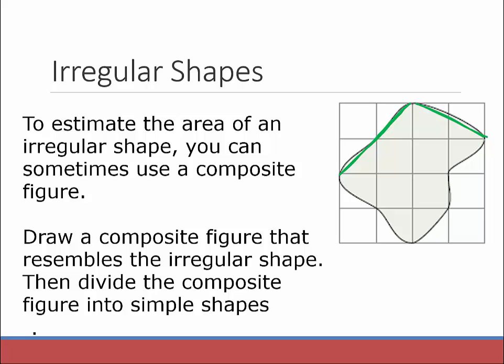We're losing a little and gaining a little on each of these, so it's going to be a nice estimate. Then this is really easy to find the area of. We can break each one of these into triangles or squares or some variation of that and find the area of each one of them. That's what we're going to do for this next problem.